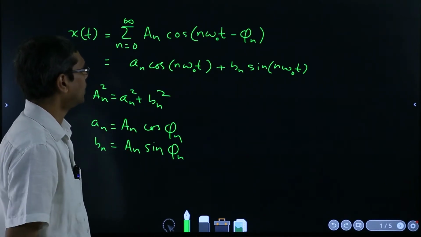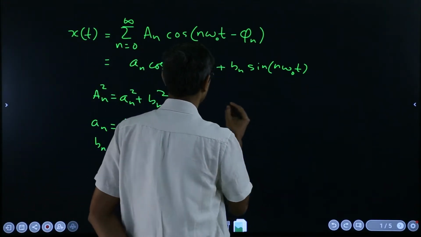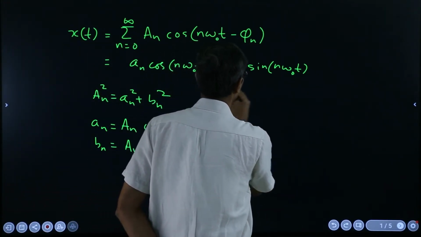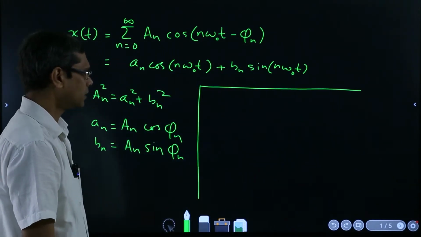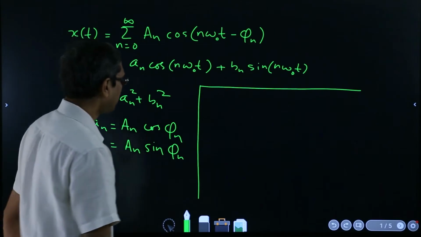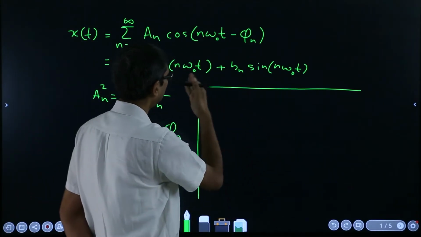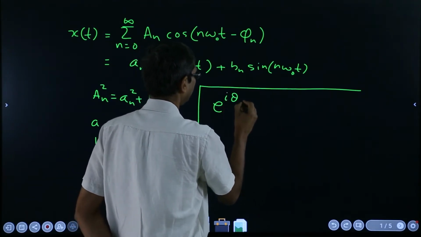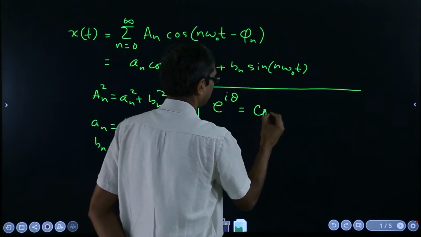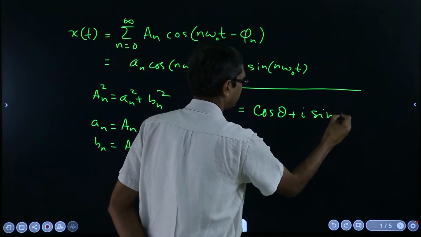Okay. Now, to do that, what we will use is the Euler's formula relating complex numbers with sines and cosines, right. So, e to the power i theta is cosine of theta plus i sine of theta.